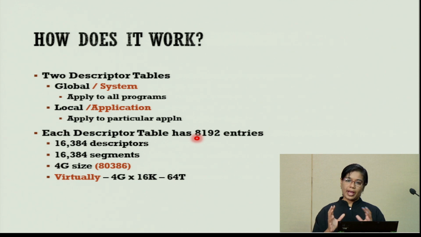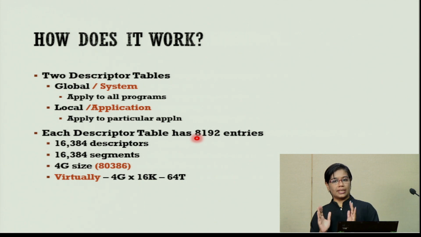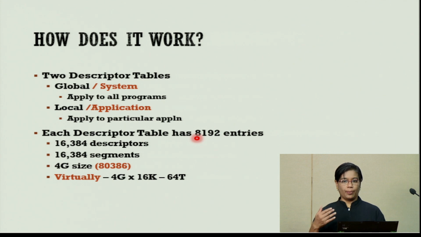There is a mismatch between the virtual memory size and the physical memory size, so not all segments would be simultaneously present in memory. Whichever segment is being used by the processor for execution is the one that is going to be physically present in memory. How do these get loaded?